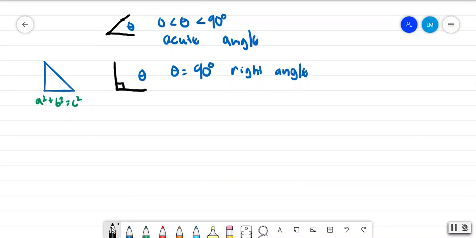Now, another angle measure that you will have is what we call an obtuse angle. An obtuse angle is one where the angle measure is somewhere between 90 degrees and 180. So we will call this an obtuse angle.